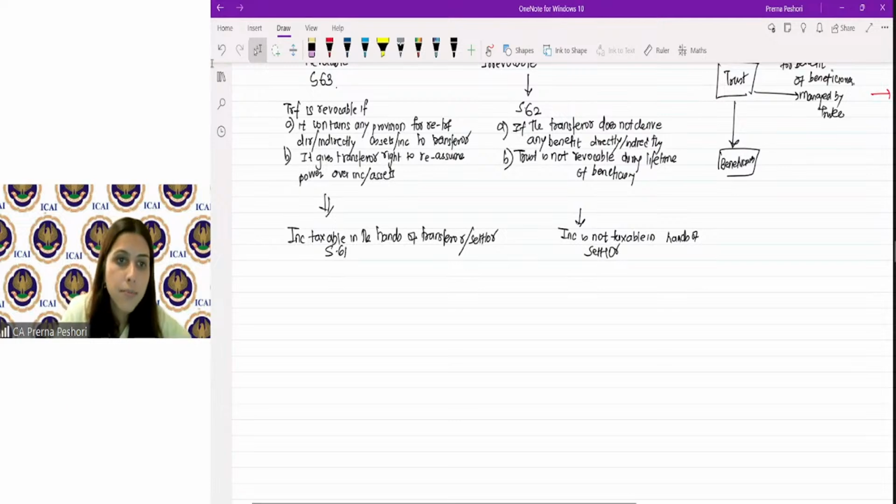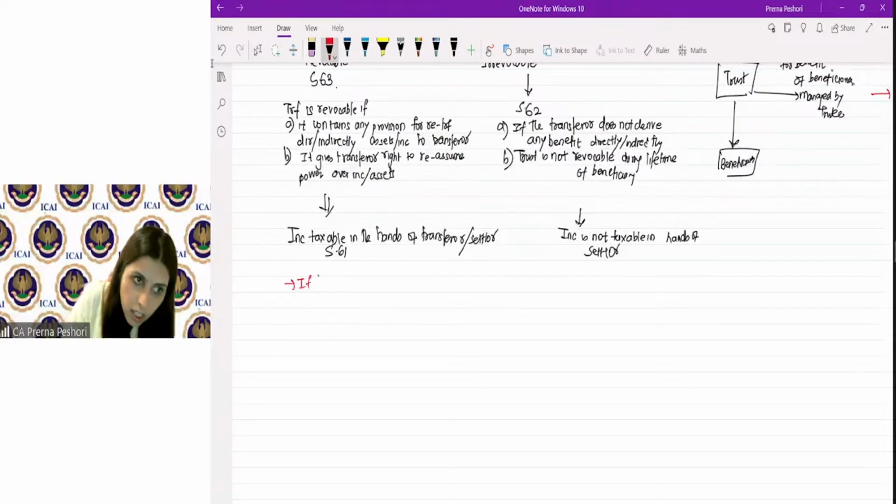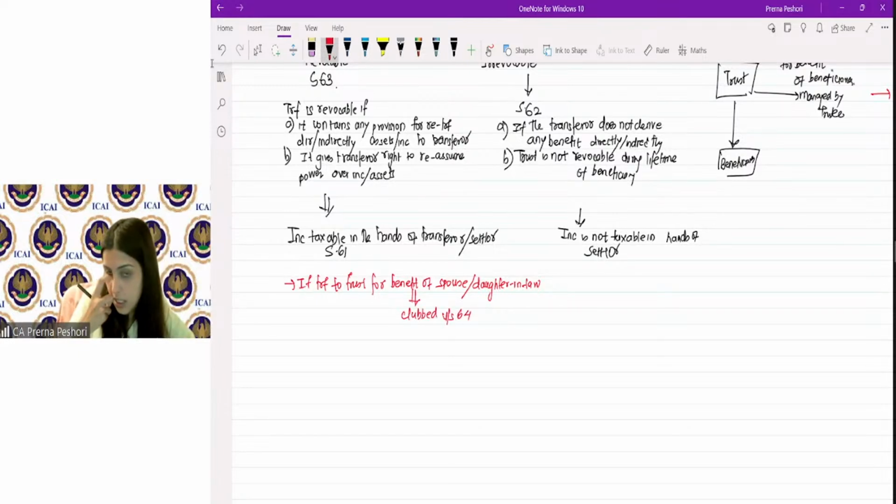So you can write here, if the transfer to the trust is for the benefit of spouse or the daughter-in-law, then this shall be clubbed under section 64.